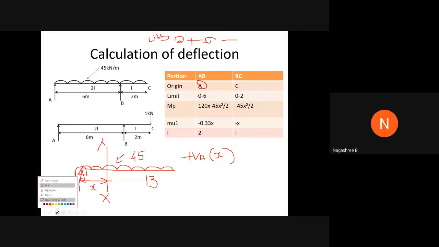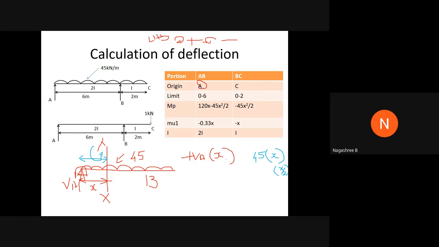Next, I have the load of 45 kilonewton at a distance of X. So 45 into X is the point load, and then into X by 2, 45 into X by 2, which is acting in the downward direction and going in the anti-clockwise direction.